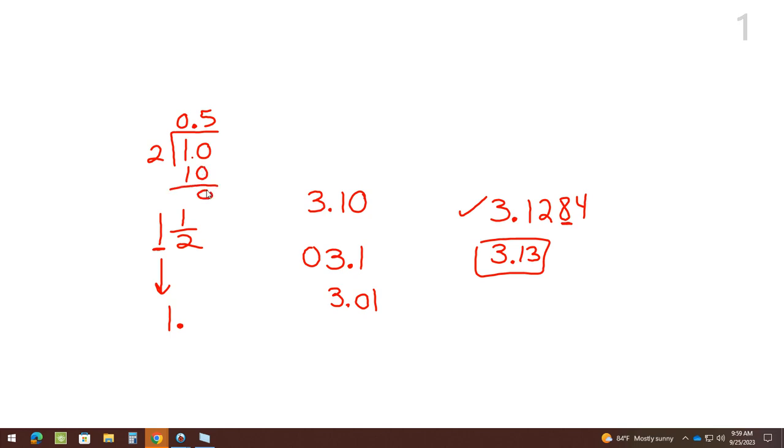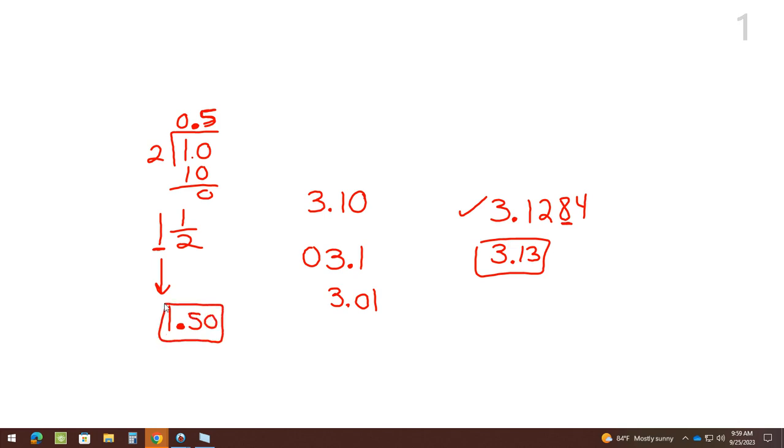Now here's mistake number 1 that kids do. They'll put 0.5. No, it's 1.5. The reason it's not 0.5 is that the 0 was already taking the place of the whole. So it's really point 5. That's the decimal, 1.5. Money, $1.50.